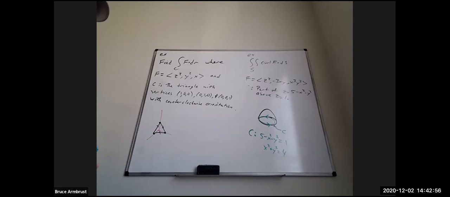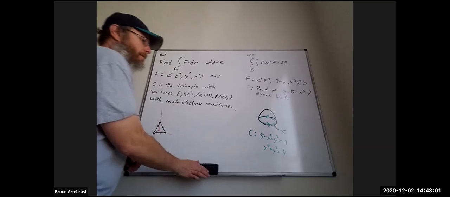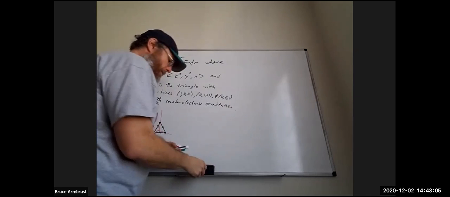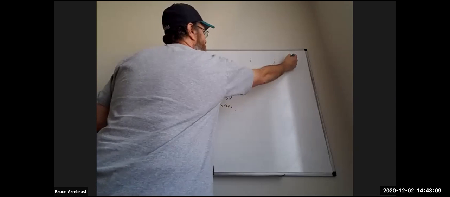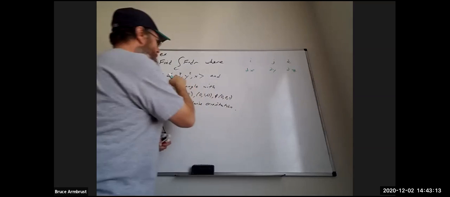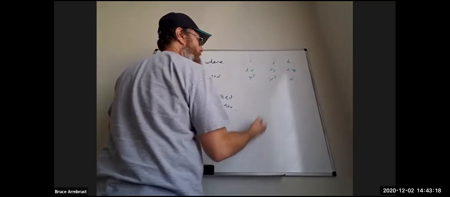All right, so what we need to do is first calculate the curl of F. Okay, so for the curl of F: i, j, k, d/dx, d/dy, d/dz, and then we've got our z squared, y squared, x.